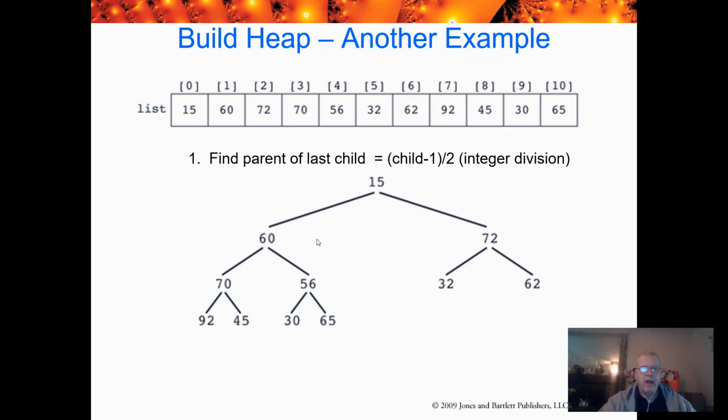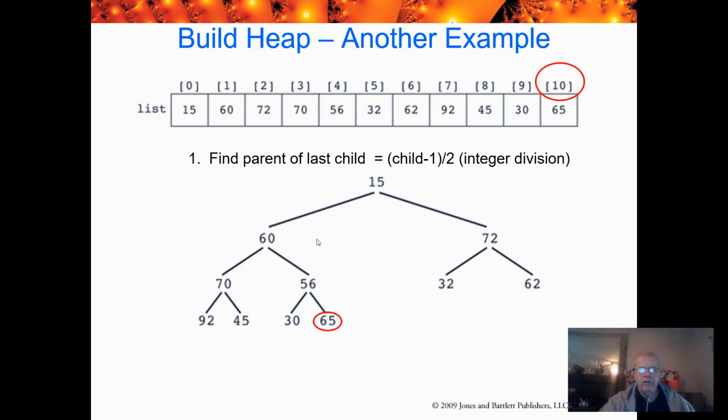We have this array, and we want to find the last parent. The parent of the last child is (child index minus 1) divided by 2, which is 65. So that's the last child.